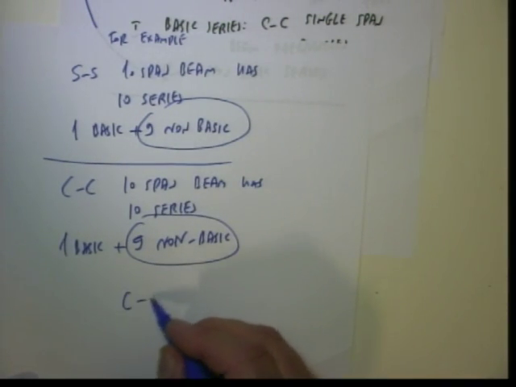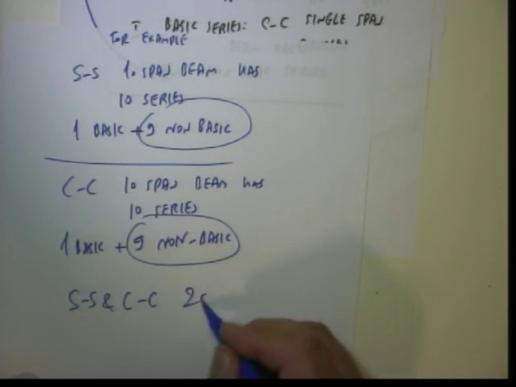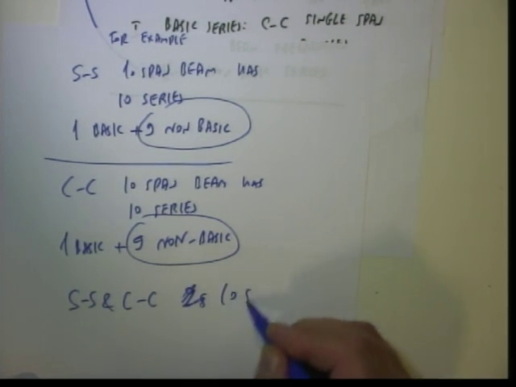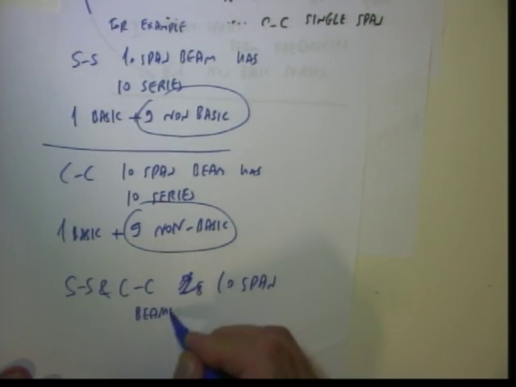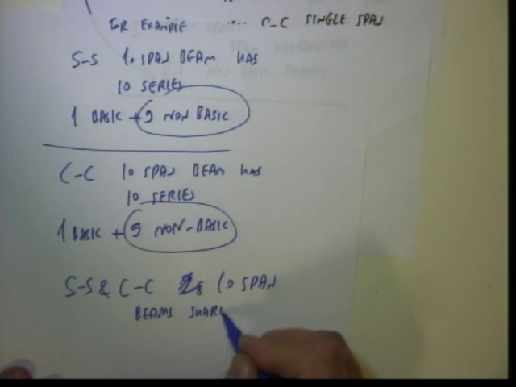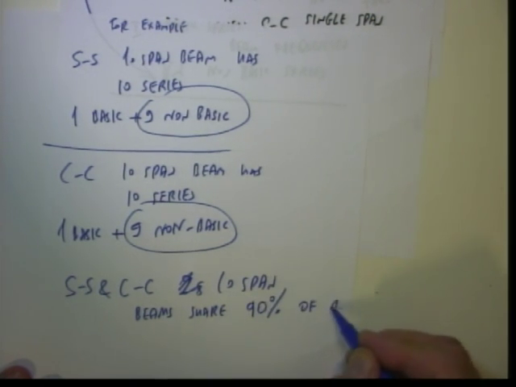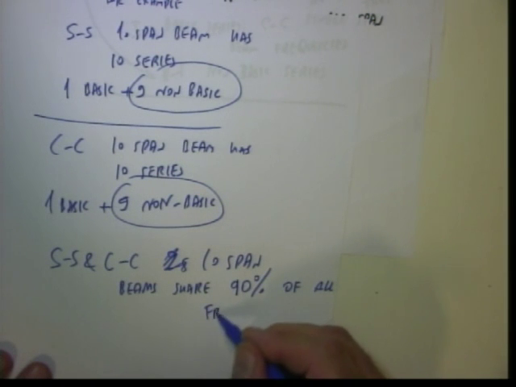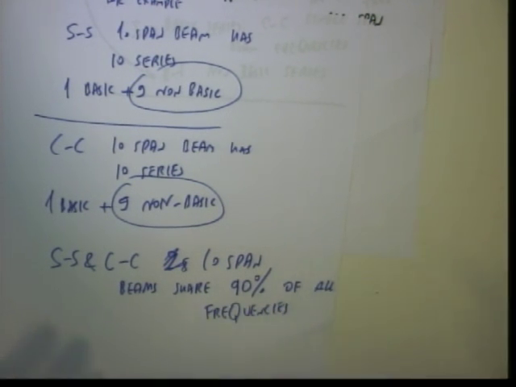So clamped and simply supported 10-span beams share 90% of all frequencies. Okay, so that is a conclusion. 90% of frequencies are the same.